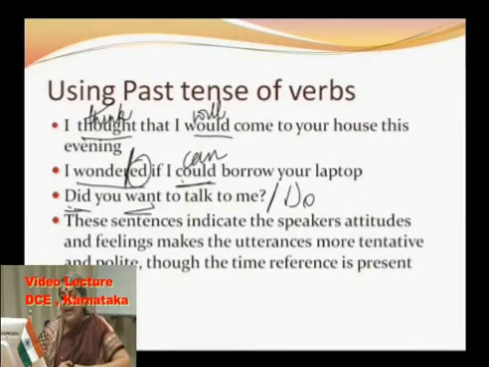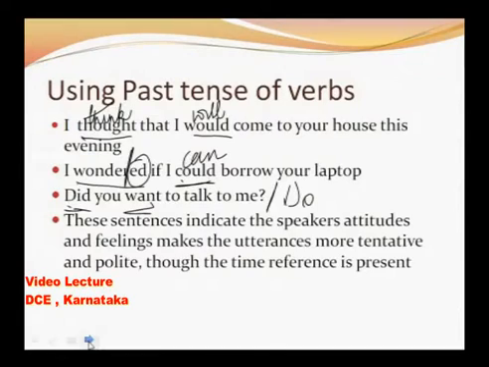Now, I have brought out in this particular slide the difference between using the past tense and the present tense while expressing certain utterances. I have said that if I use the words I thought that I would come to your house this evening, it is more polite, very courteous, tentative, and tells the speaker's feelings.